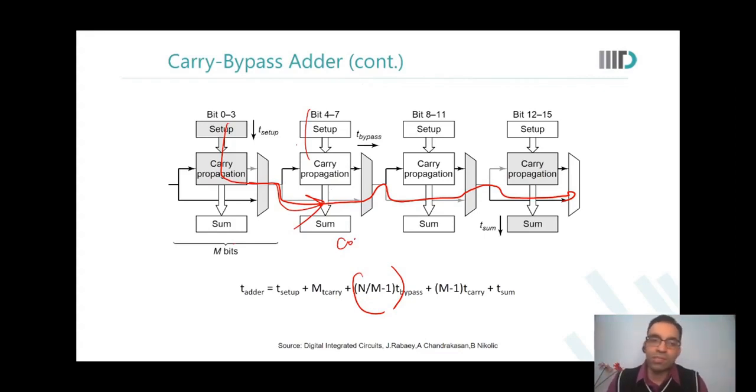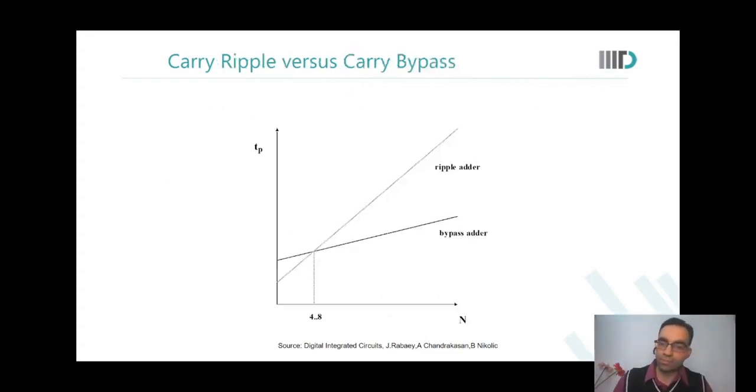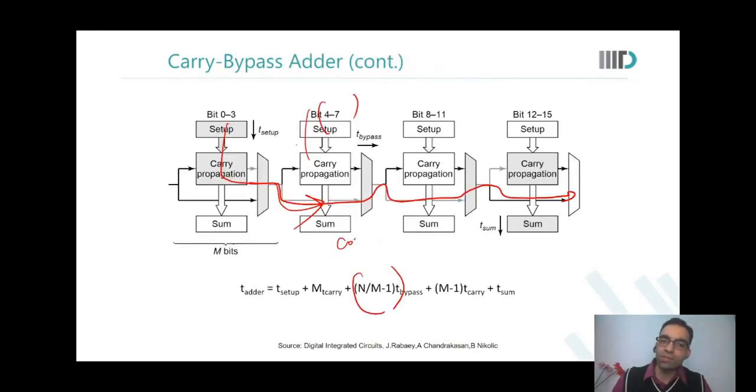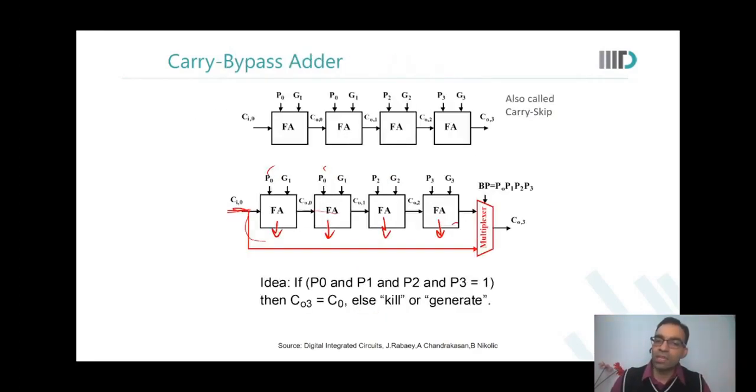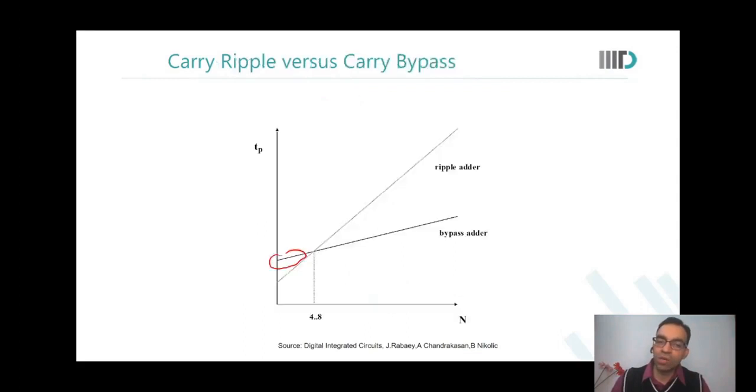But this saves time because now your ripple is only for m number of bits. So initially it appears that when the total number of bits is very small, a bypass adder, because of its more complex logic and a multiplexer in there and so on, may take a little extra delay.